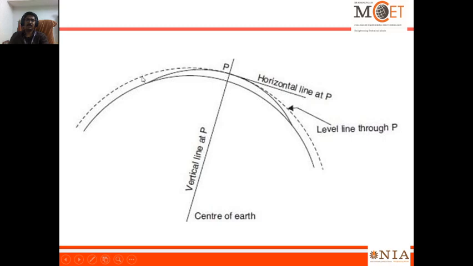This is the level surface and the line which is exactly tangential to it, and the vertical line will be exactly perpendicular to the horizontal line, and it touches the station point P, right? So the horizontal line is perpendicular to the vertical and tangential to the level surface, right?